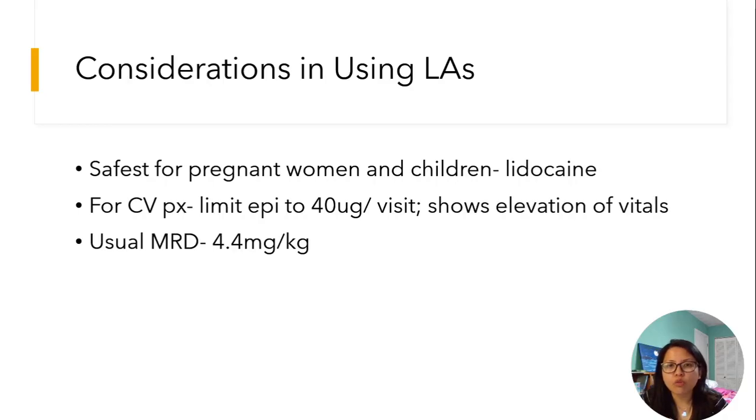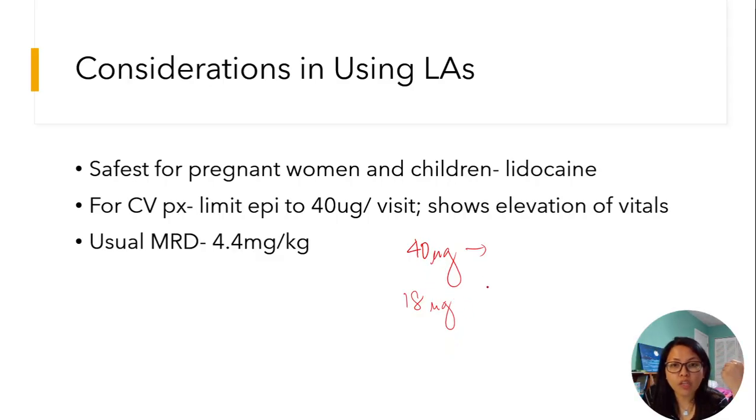Because studies have shown that if they're given beyond 40 micrograms of epi, they would show some elevation in their vital signs. So what is 40 micrograms of epi? We said earlier that one cartridge of 2% lidocaine with 1:100,000 epinephrine has 18 micrograms.